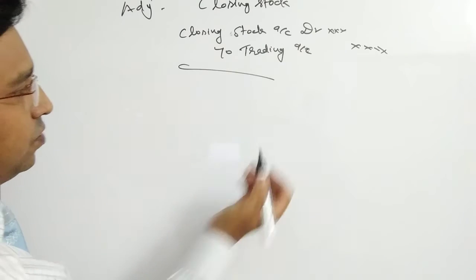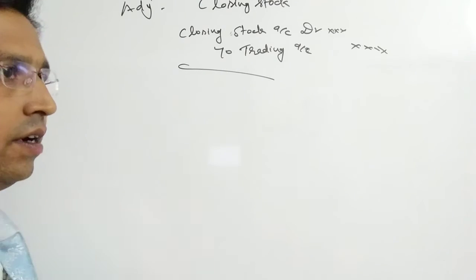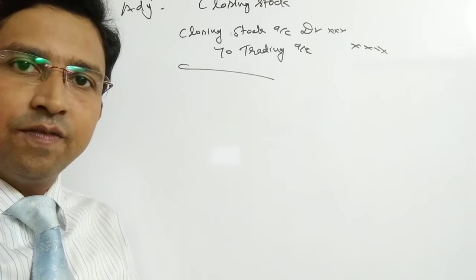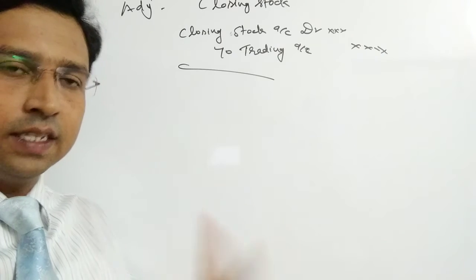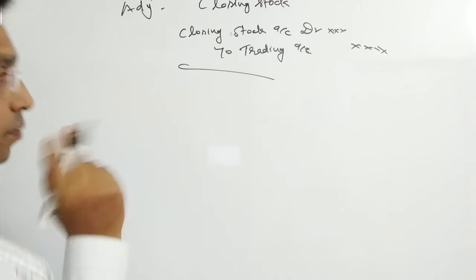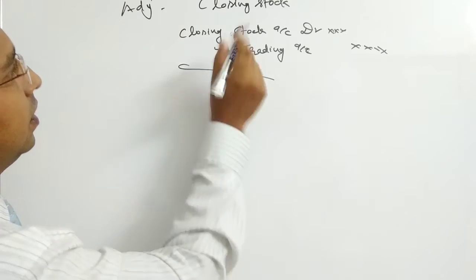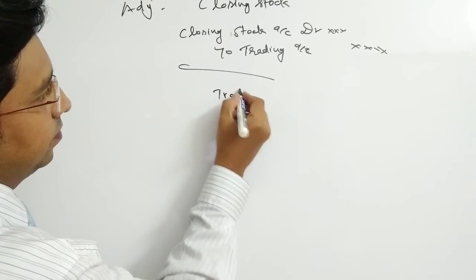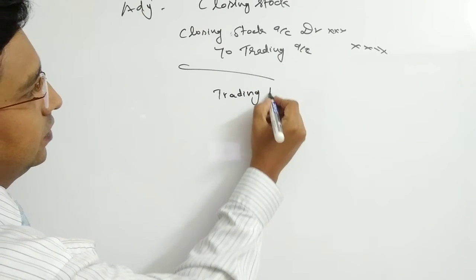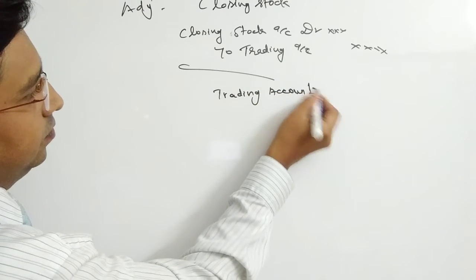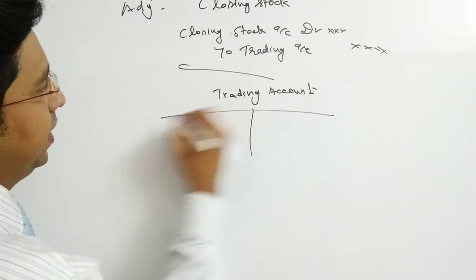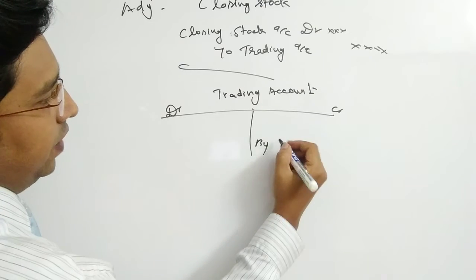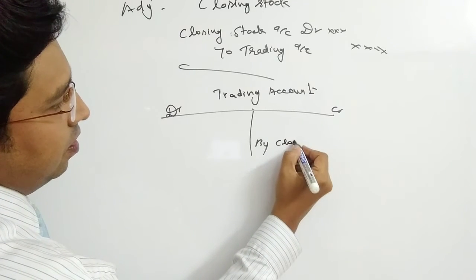Then, when it comes to the final account statements, as I mentioned earlier, whatever the adjustment may be, it should be reflected twice in the final accounts, in both parts. The first part would be the trading account: at the credit side of the trading account, it would be reflected as closing stock.